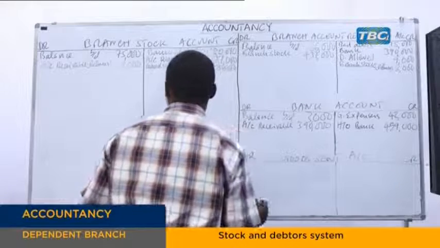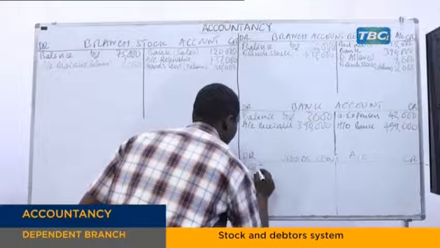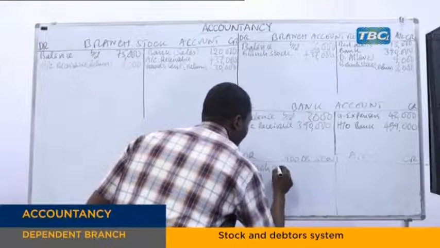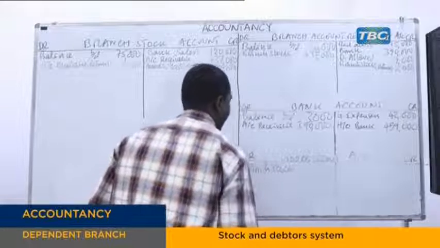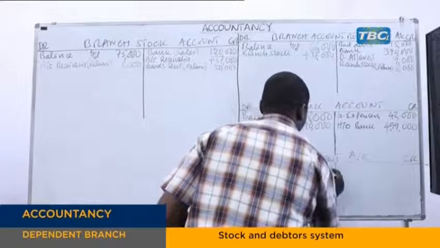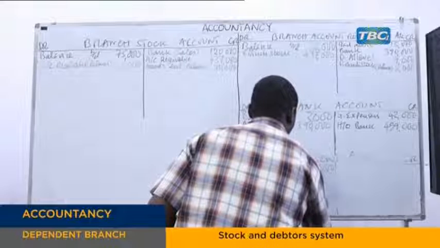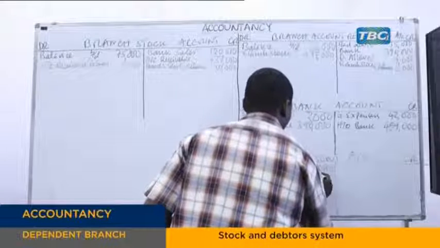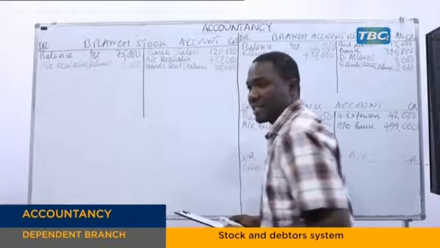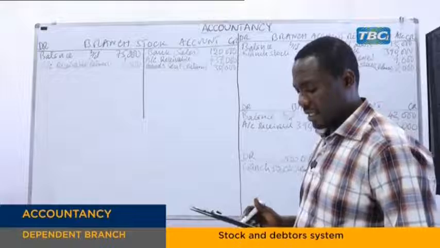That was a return from branch stock, that was a return, 30,000. Goods sent to branch at transfer price.